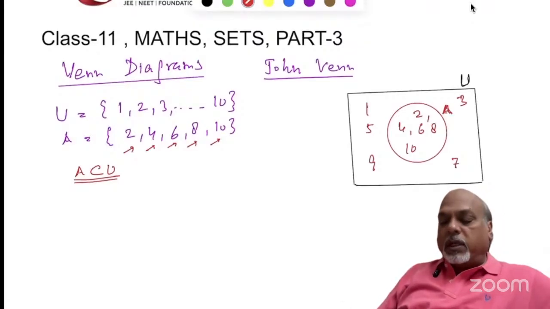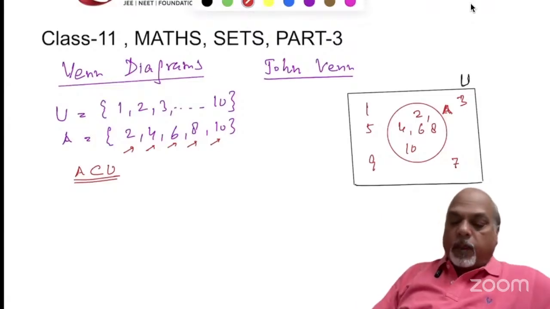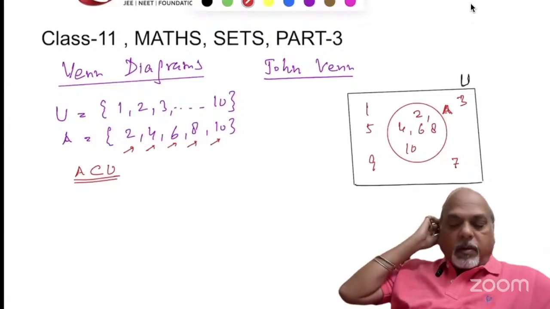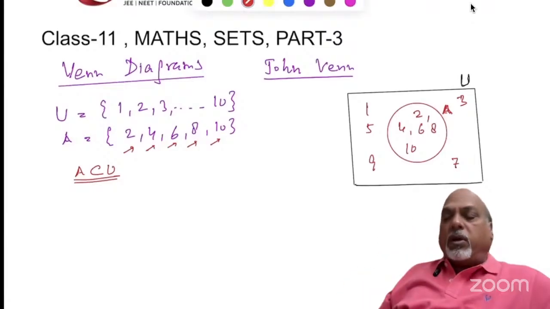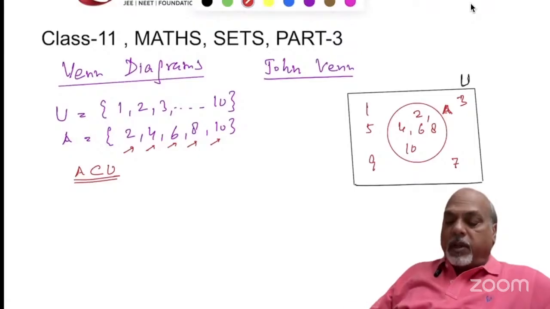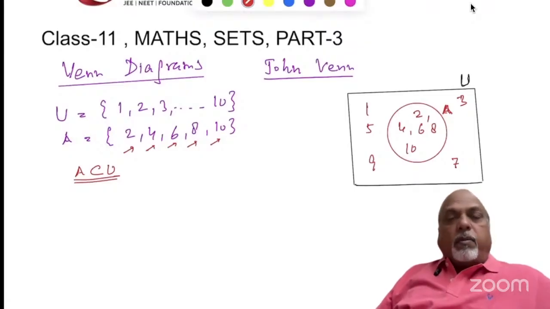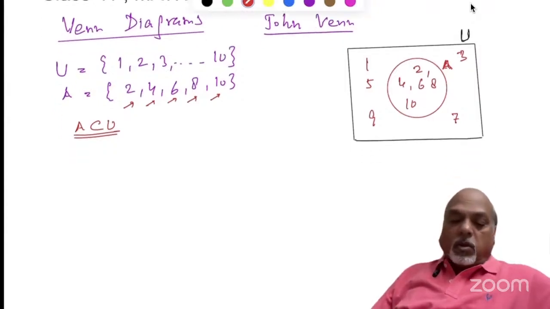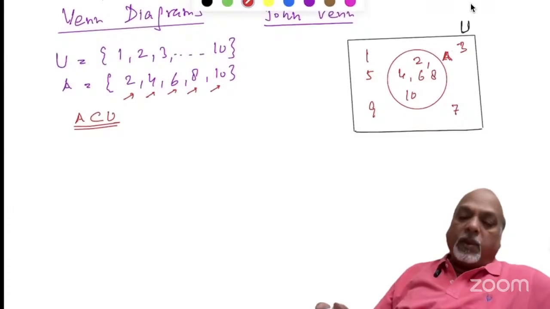If you see from 1 to 10, all the figures are there, but the figures which are not contained in set A have been written outside, though they are part of the universal set. So this is called pictorial representation of sets, right? Basically it is called a Venn diagram.